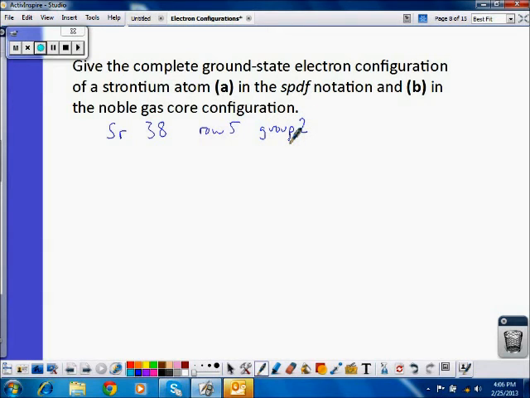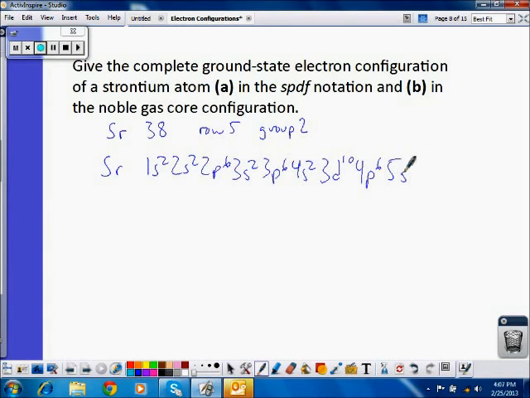So the full spdf notation for strontium is 1s2, 2s2, 2p6, 3s2, 3p6, 4s2, 3d10, 4p6, 5s2. If I add up all those superscripts, that adds up to 38.